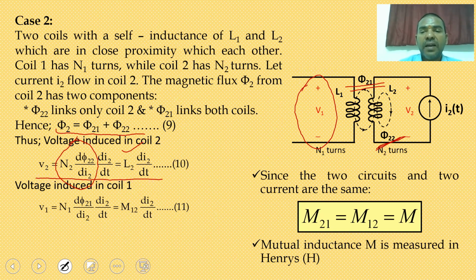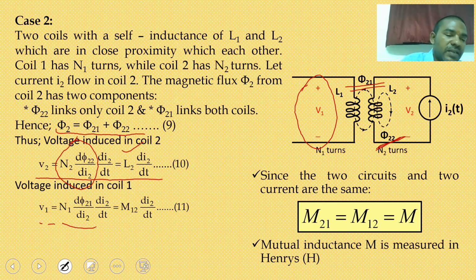Then coming to the calculation of V1. How are we calculating V1? V1 is obtained with respect to the phi 21 flux. So V1 is equal to the number of turns of the first coil N1 into d phi 21 divided by di2 into di2 divided by dt.